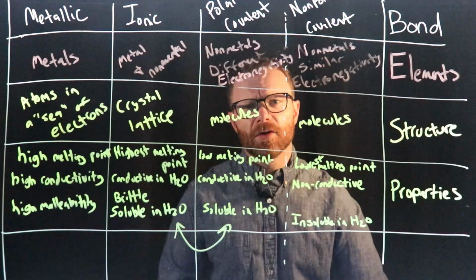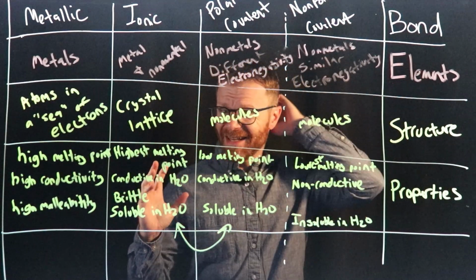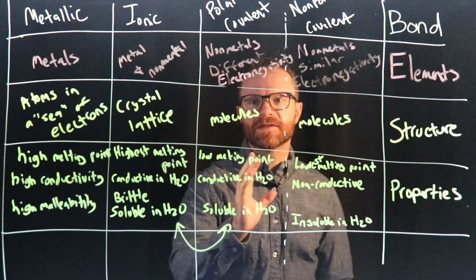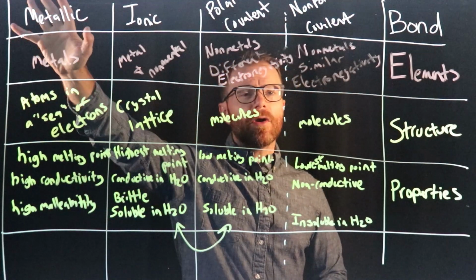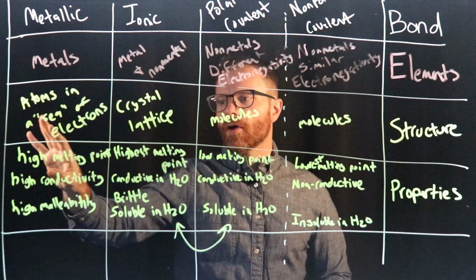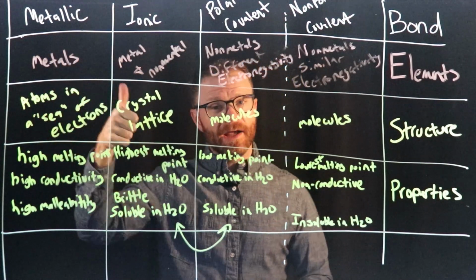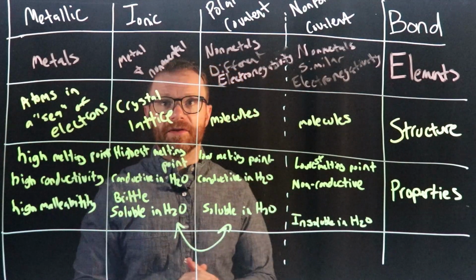Okay, so the reason I like to put these in a table is hopefully you can see that there's some trends going on here. The first trend I would say is the more metallic character we have over here, the more we have certain traits like a really high melting point, high electrical conductivity, and high malleability.